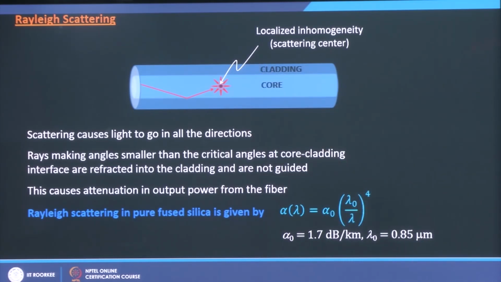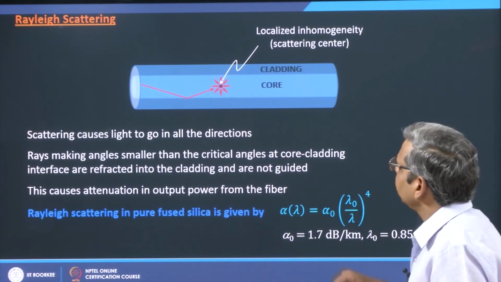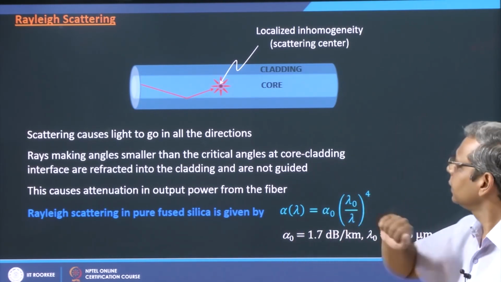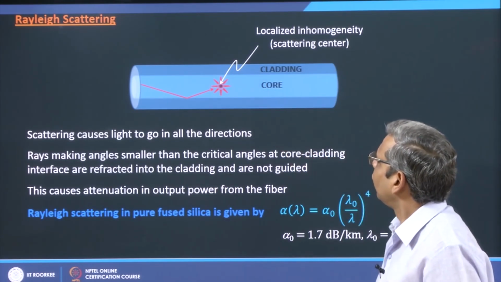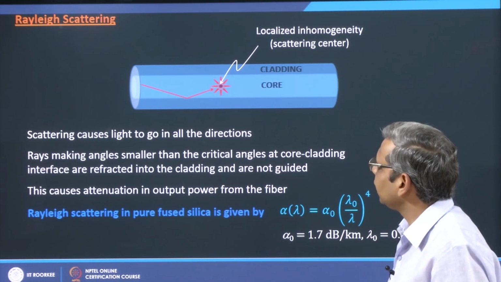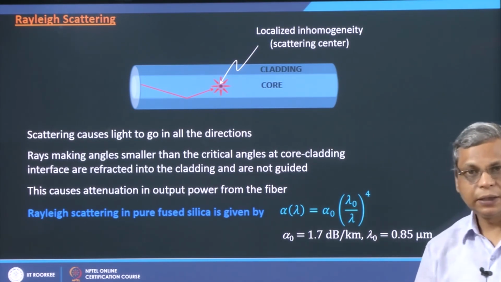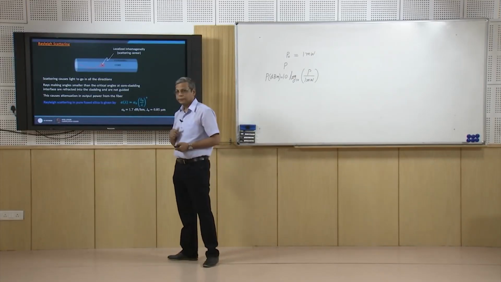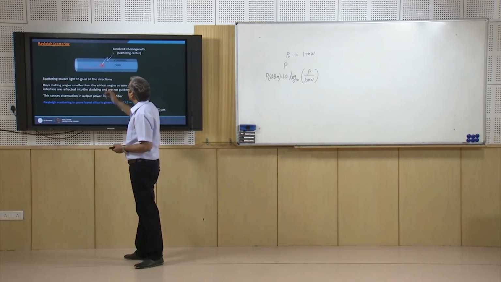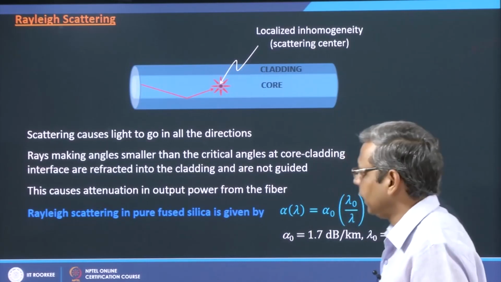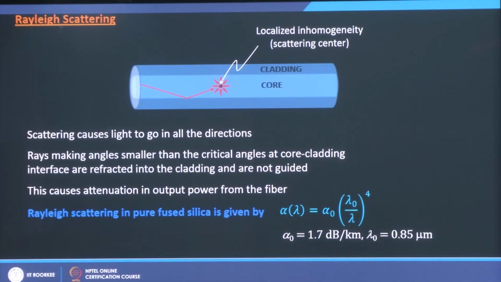When it scatters light in all the directions, then only the rays which make larger angle from the normal of core cladding interface are totally internally reflected and are guided, while all the other rays are refracted into the cladding and are lost, and this causes attenuation in the output power from the fiber.